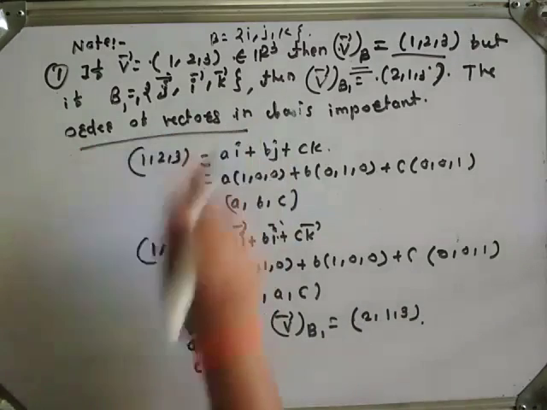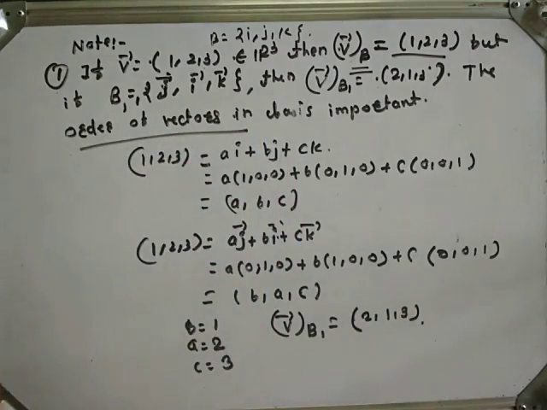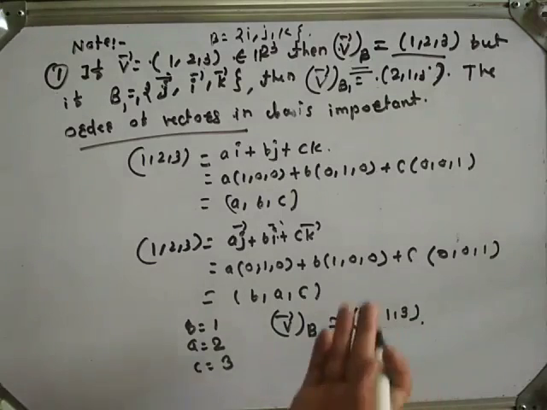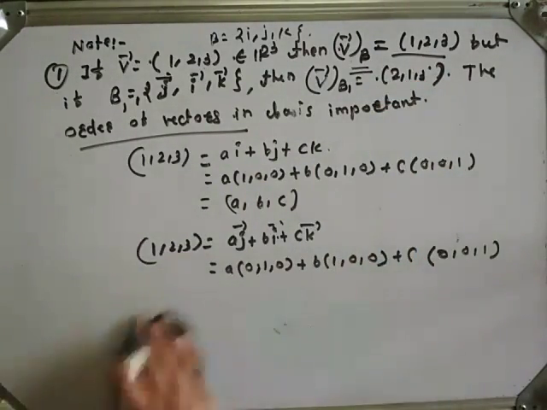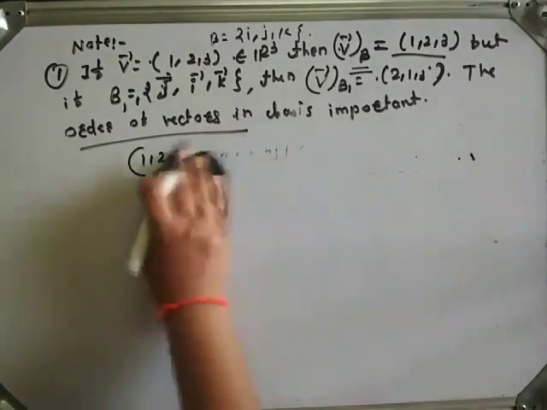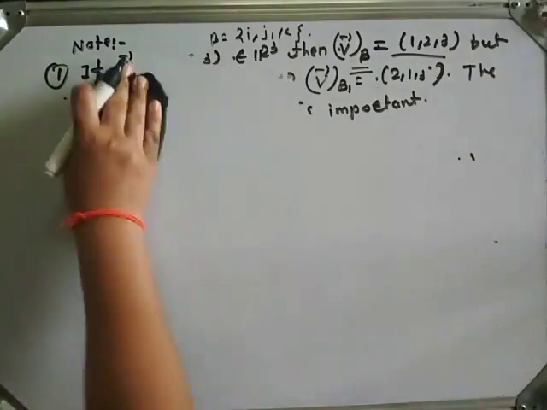Means what? The order of vectors in a basis is important. If the order of vectors in the basis changes, then the coordinate vector of a vector relative to the basis also changes. Okay.